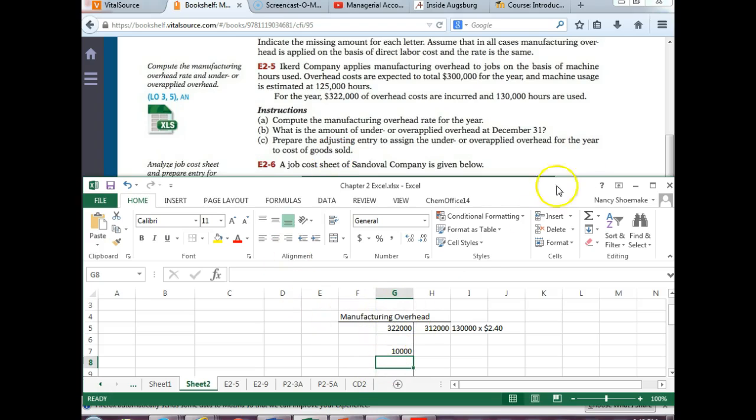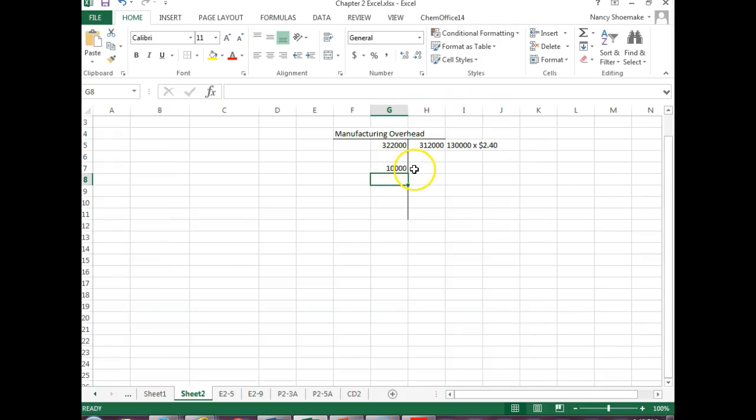So if we have sitting here in manufacturing overhead a debit balance of 10,000, to zero this out, we're going to need to credit manufacturing overhead, a credit of 10,000, and our debit will be to cost of goods sold for 10,000. Does that make sense? Yes? No?